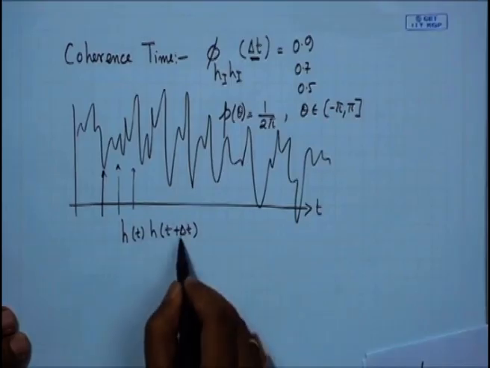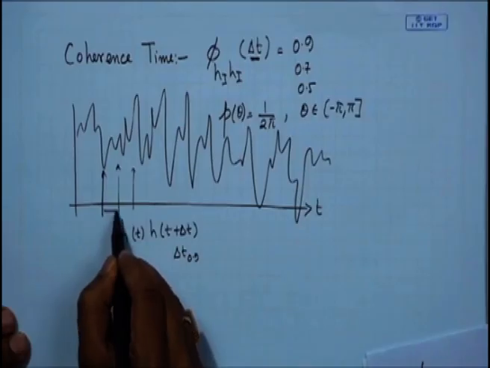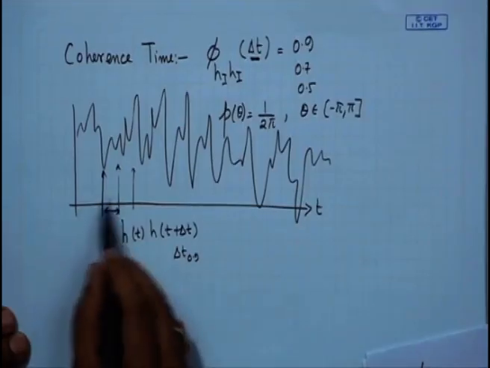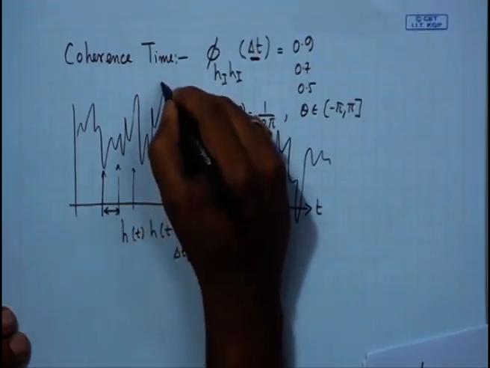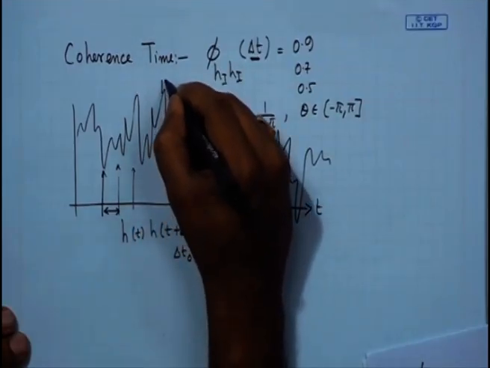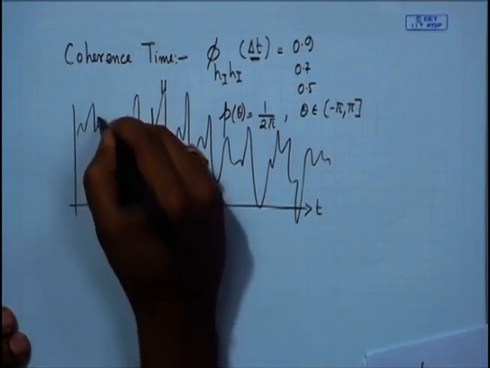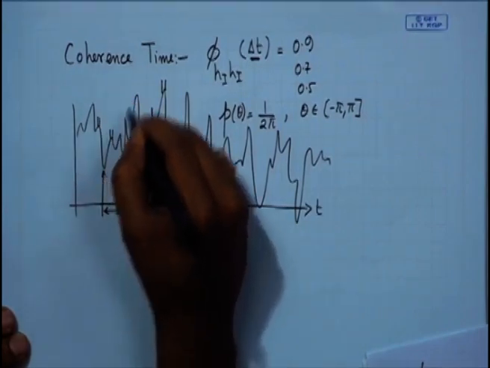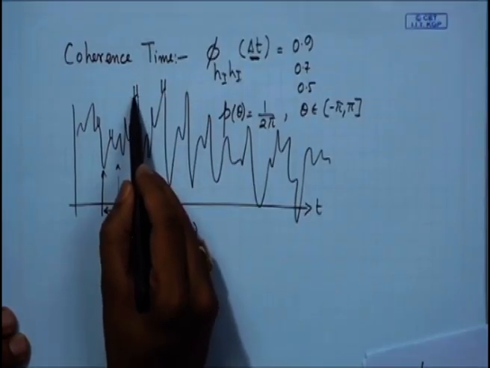So, when we say delta t 0.9, we are talking about a separation in time over which the signals are 90% correlated. In this figure we would probably have a separation as small as this, which is probably as small as this, where the signals are correlated with themselves.